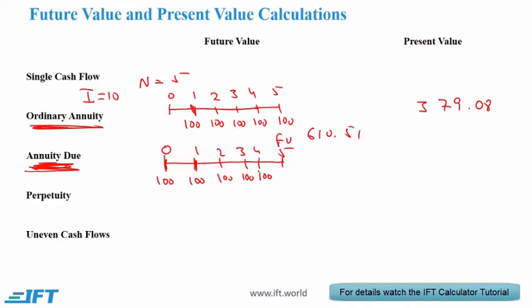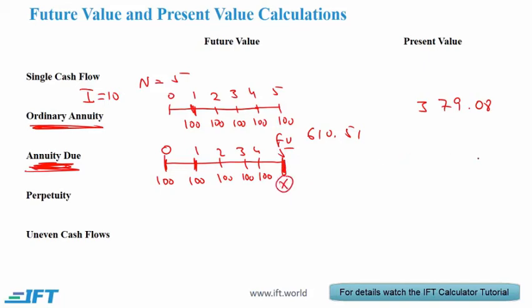If you want to use the calculator to come up with the future value, you have to first put the calculator into begin mode and then you plug in the numbers as before. Also keep in mind that the future value that is being calculated here is at the end of period 5.